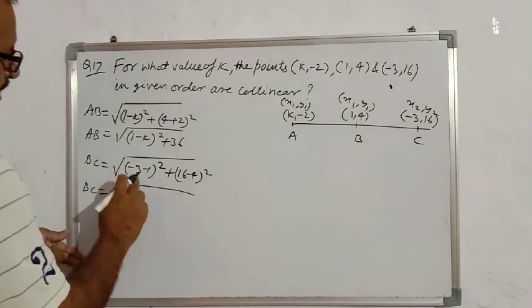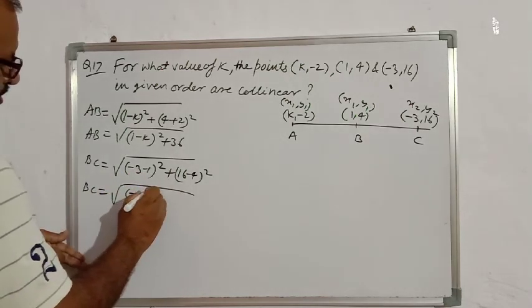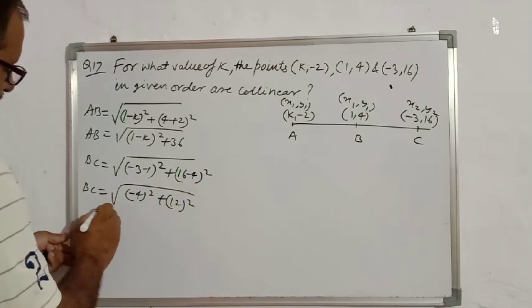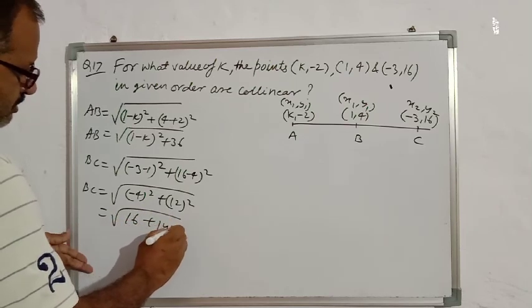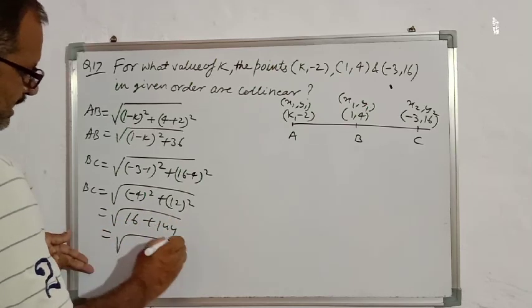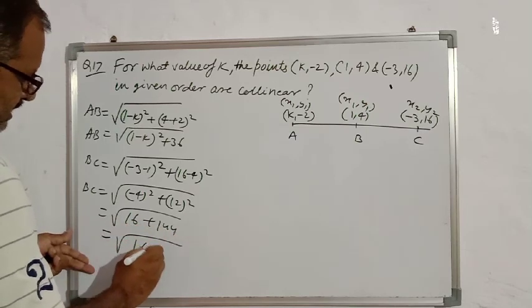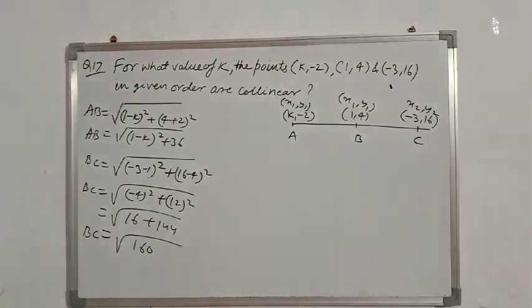BC is equal to minus 3 minus 1, minus 4 whole square, 16 minus 4 is 12 whole square. Minus 4 whole square is 16, 12 whole square is 144. Add 144 and 16, it will come 160. So BC is equal to under root 160.